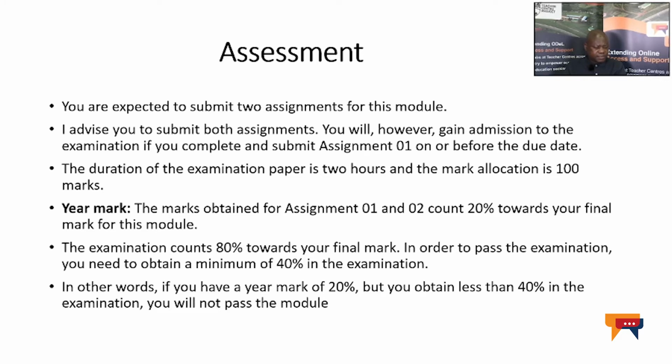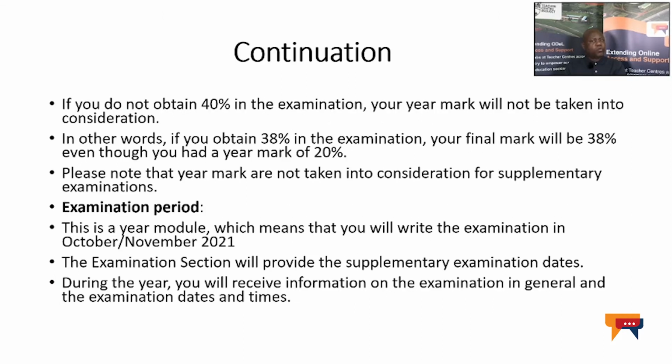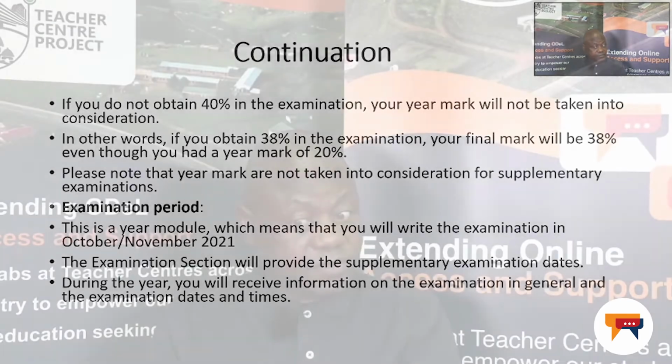In other words, if you have a year mark of 20%, but you obtain less than 40% in the examination, you will not pass the module. If you do not obtain 40% in the examination, your year mark will not be taken into consideration.